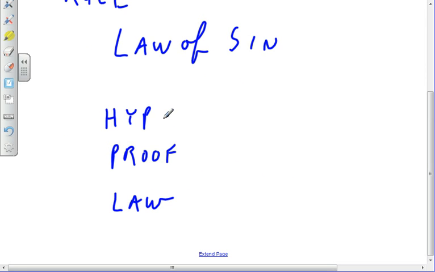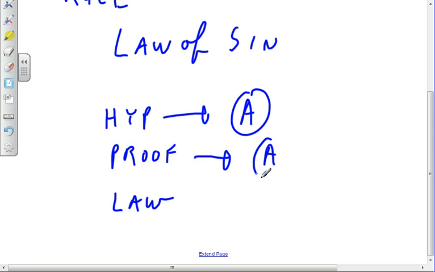Okay, so I have a hypothesis, and the hypothesis is all the females in the class are getting an A. Then I have a proof, and the proof is the last 7 years of classes, all the females I teach get A's.